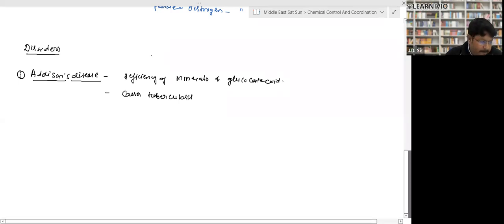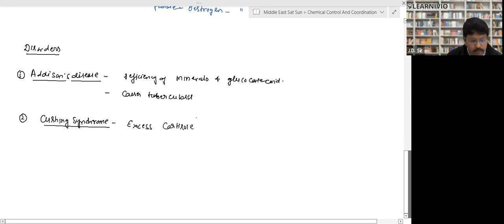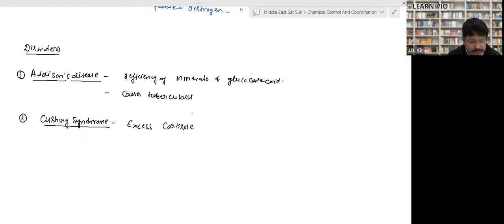The second disease is Cushing syndrome. Excess of cortisol causes this disease.